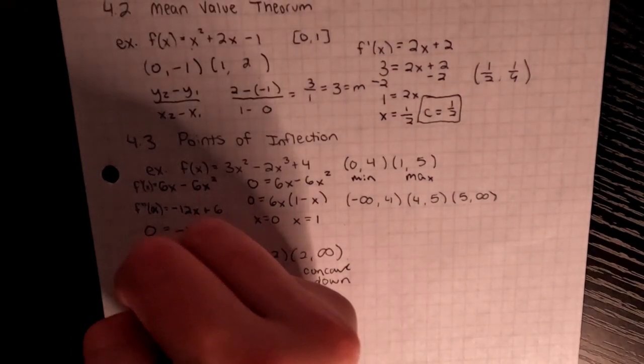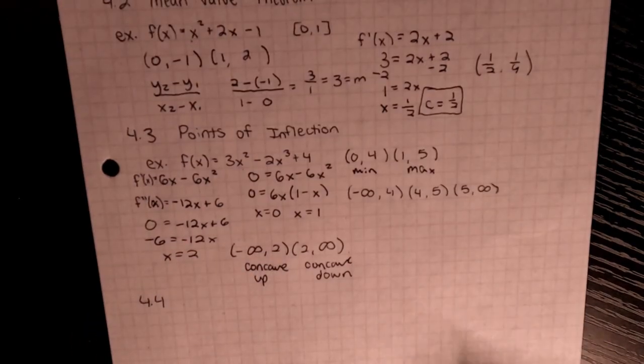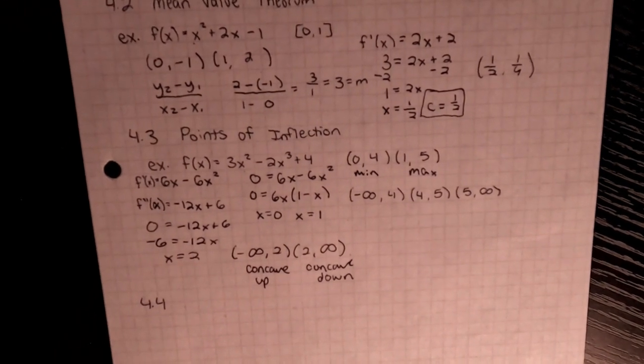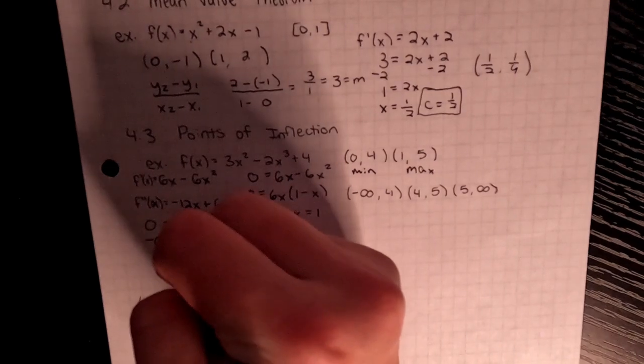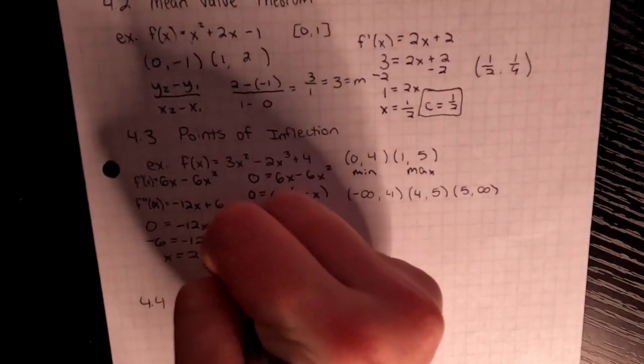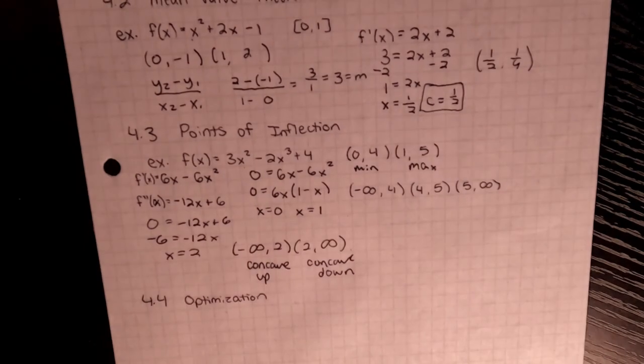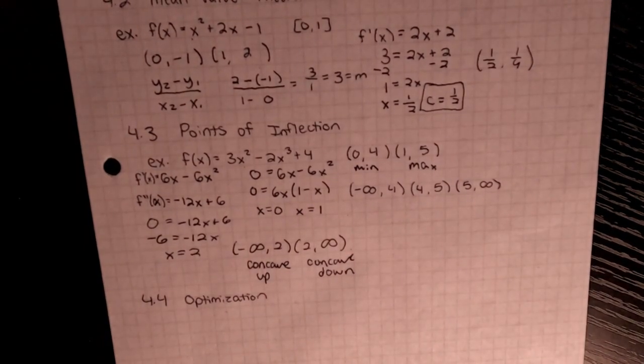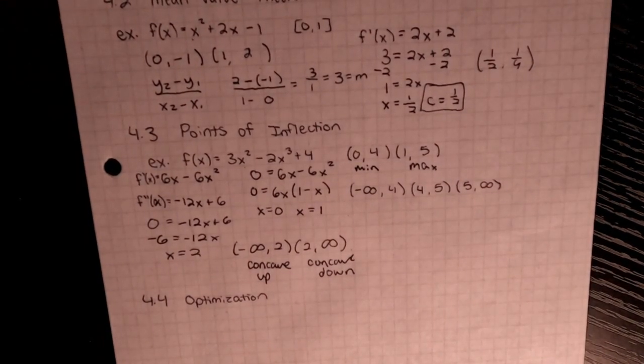Okay, on to 4.4. 4.4 talks about optimization. Optimization is kind of scary, but it's not that bad, and there's some common problems that you'll see a lot, and those are like the fence perimeter type problems, and there's a lot of them that talk about open topped boxes.